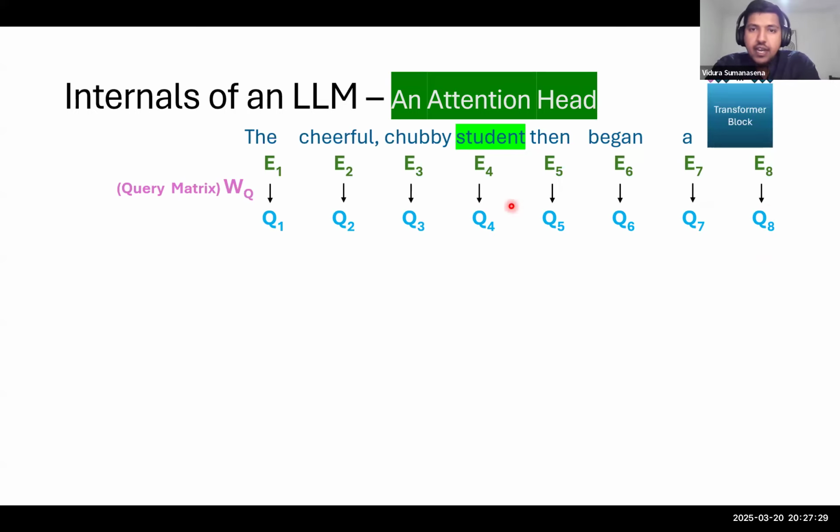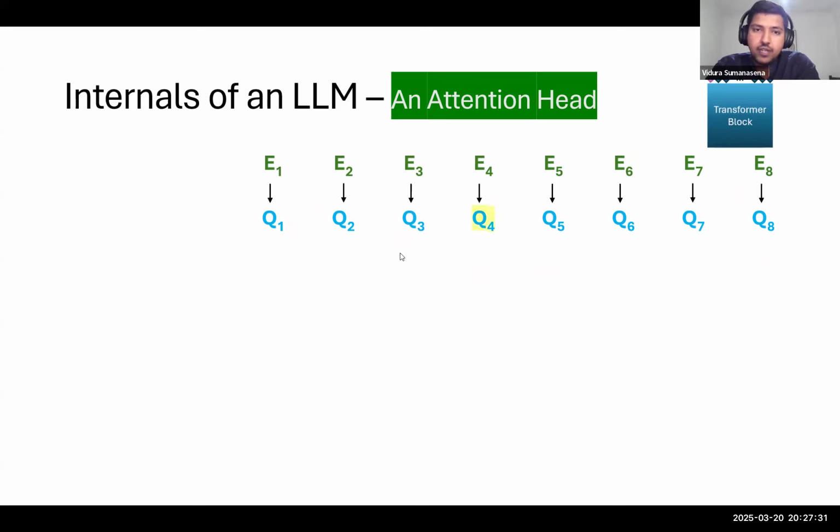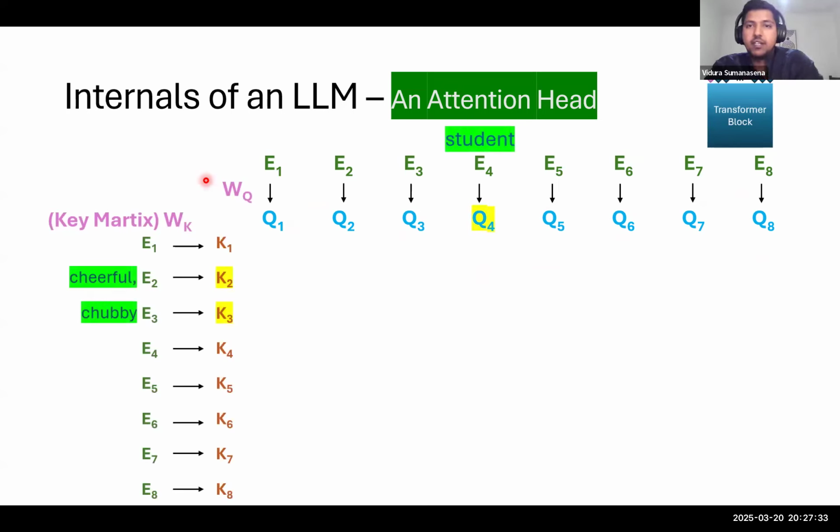To get the answers, in the attention mechanism we also have something called the key matrix, which provides the answer to the specific question asked by the query matrix. We have the same embeddings: initially we have 8 tokens, converted to 8 embeddings.